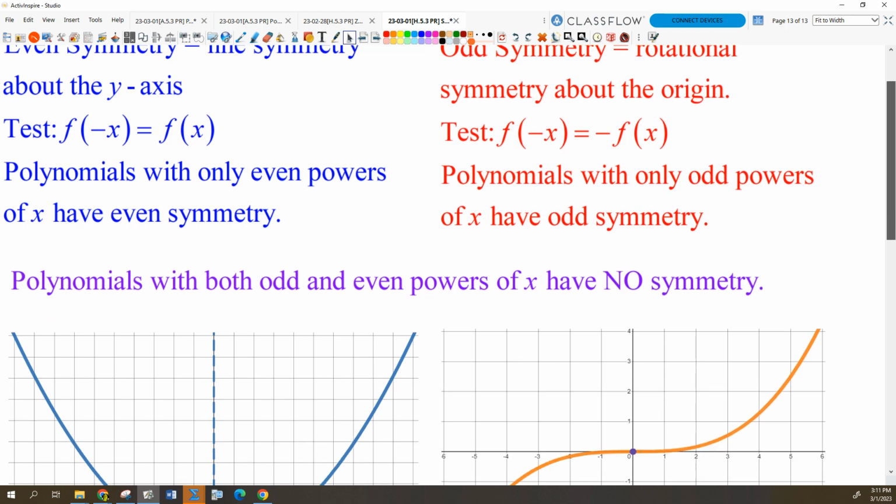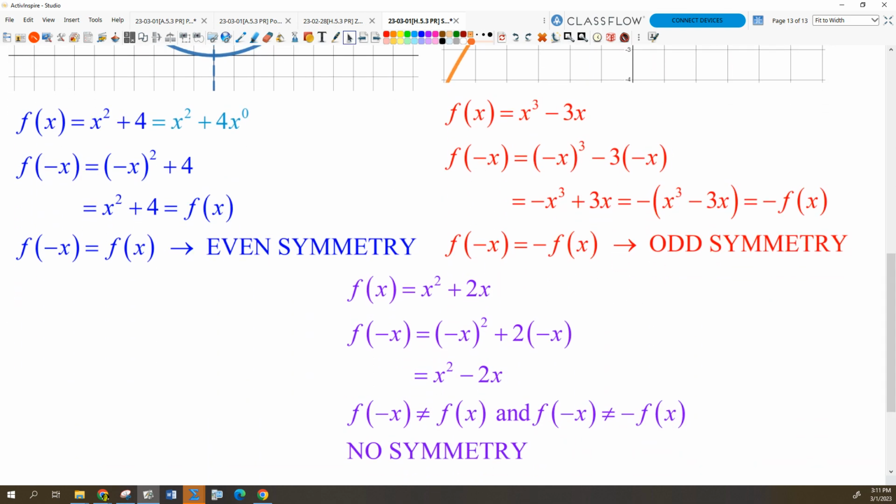Like if I take this polynomial right here, f of x equals x squared plus 4, which is really the same thing as saying x squared plus 4x to the 0. We wouldn't write it that way, but there is an x to the 0 next to that 4, right? Okay, so now if I evaluate this at negative x, look what happens. I'm going to substitute x for negative x.